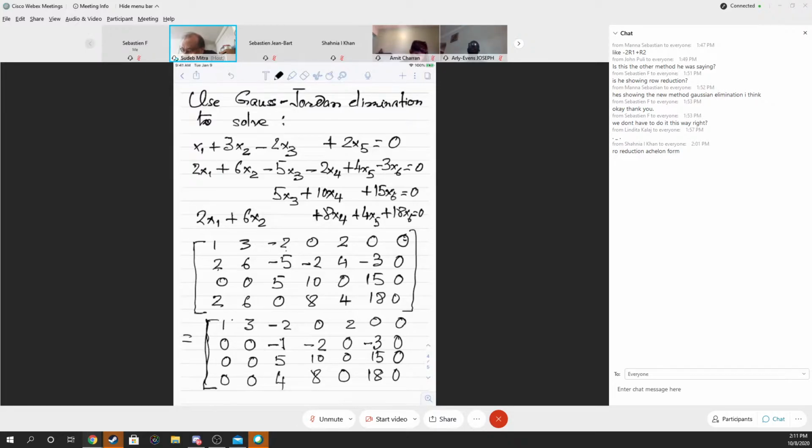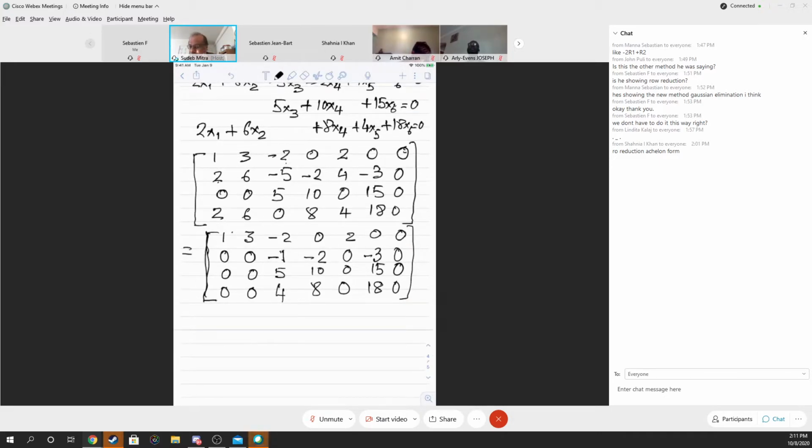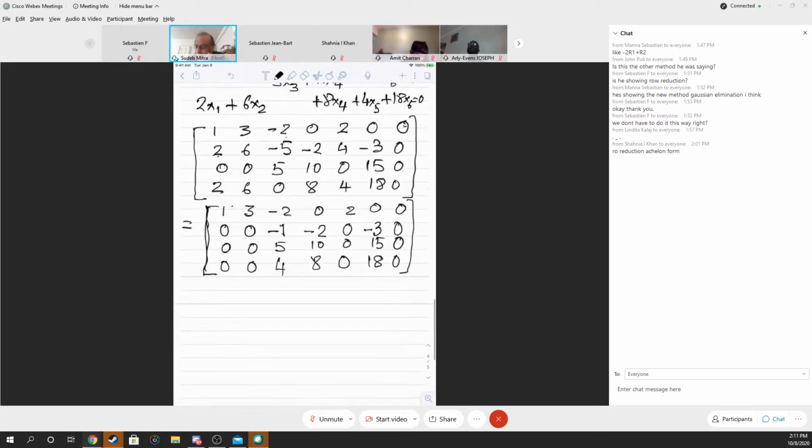Okay, then what do I do? I just multiply the second row by minus 1, because I want to change the sign.